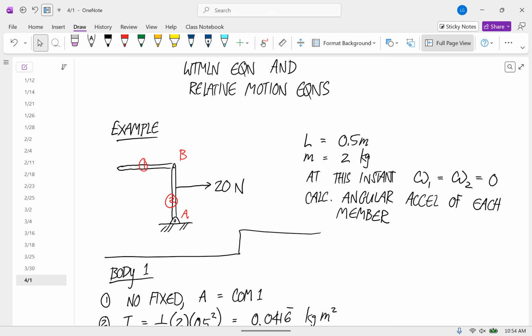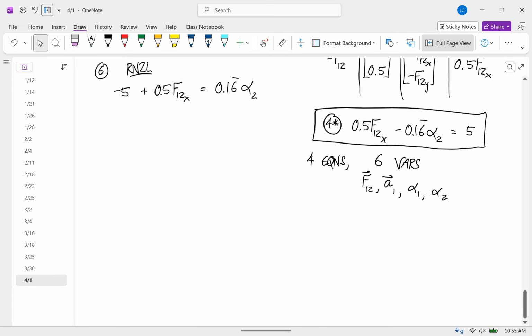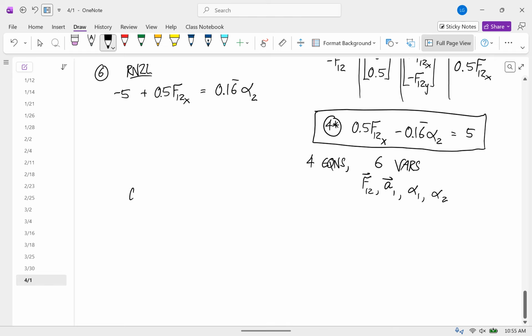So now we're going to do our constraint equation at B. I'm going to calculate the acceleration of that point B on body 1 and on body 2, and after I do that, I'm going to set the two equal to each other.